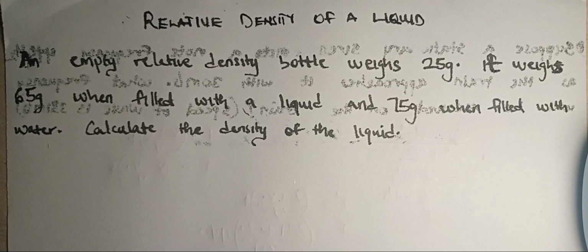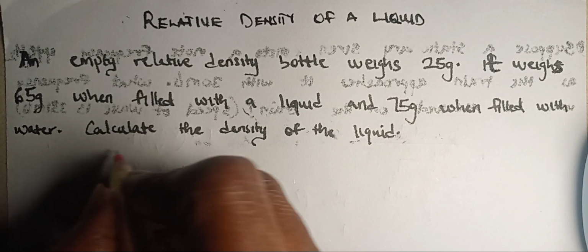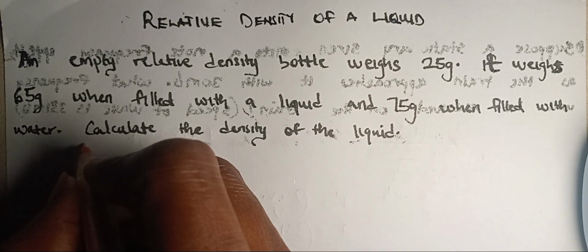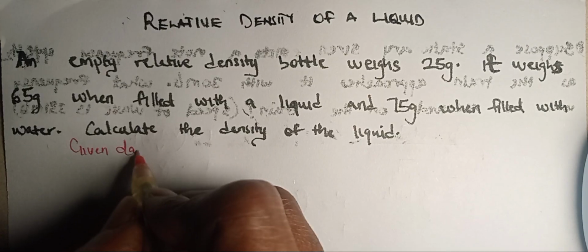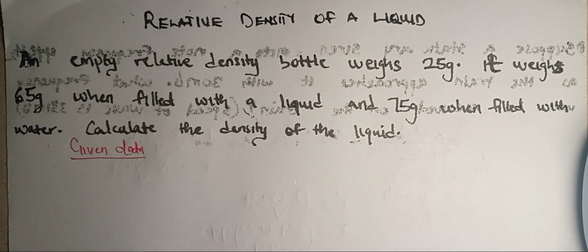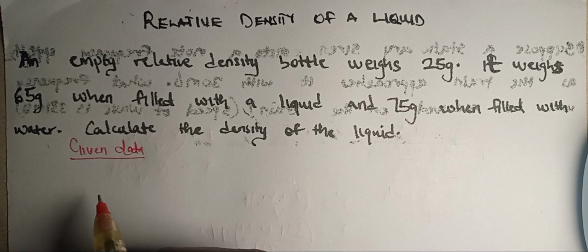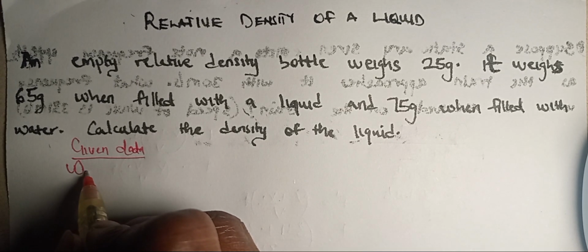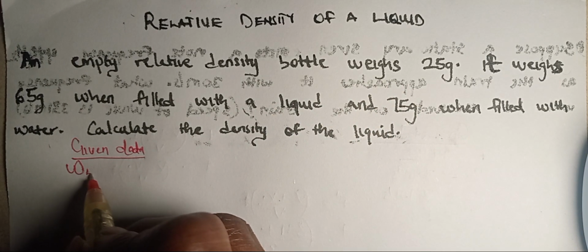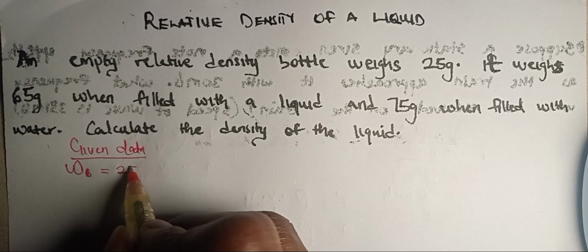Let's calculate density. So for us to calculate the relative density of a liquid, we are going to use the mass of a liquid upon the mass of an equal volume of water. Let's first write what we are given. Like I always say, you must always write your given data. You are given the weight of the bottle, let's use B here, to be 25 gram.